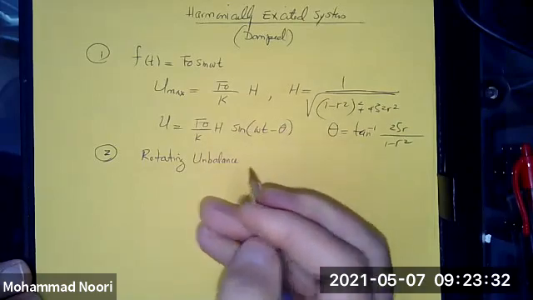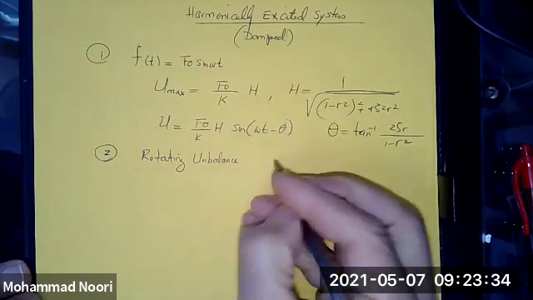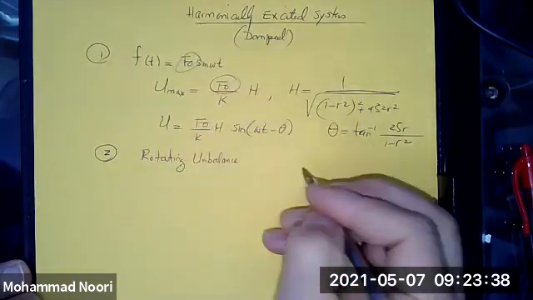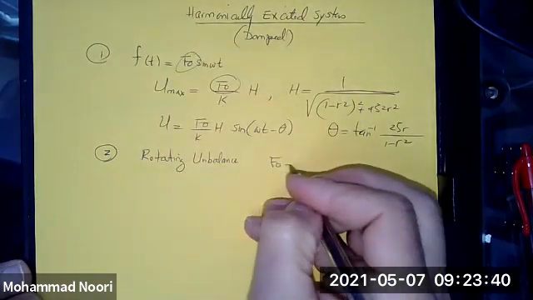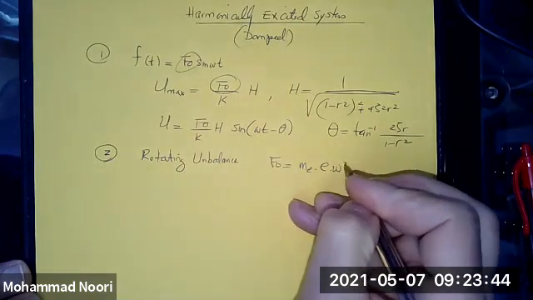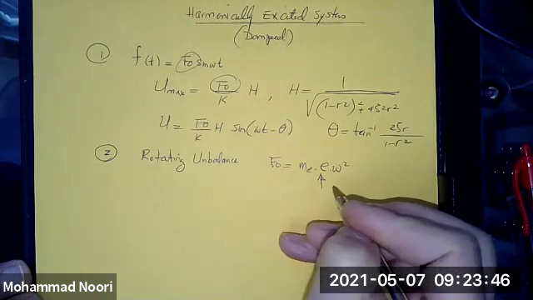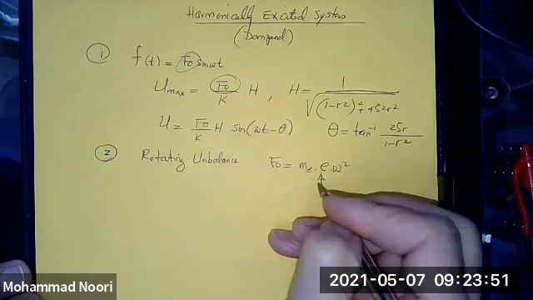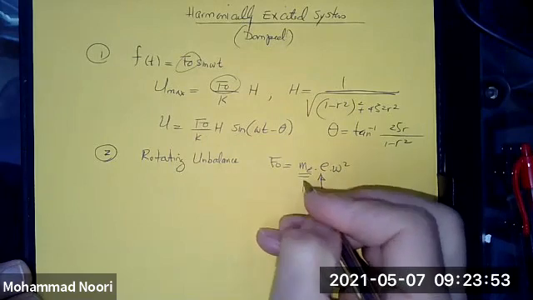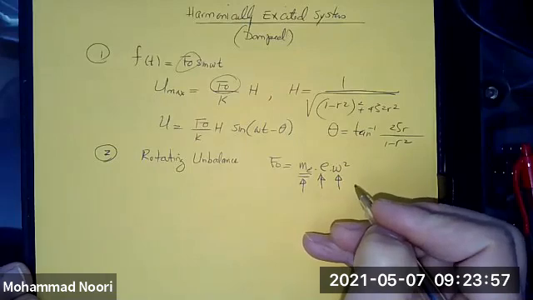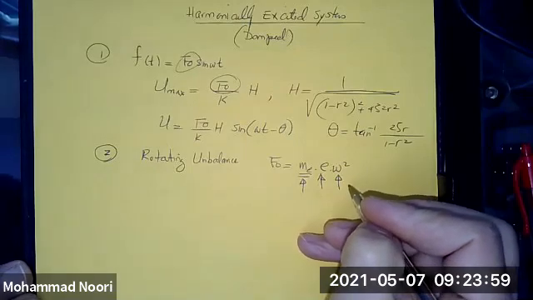So when you have a rotating unbalance, the amplitude of this forcing function would be simply m sub e omega squared, where e is the location of the unbalanced mass from the center of rotation, m is the unbalanced mass, and omega is the frequency of the rotation.